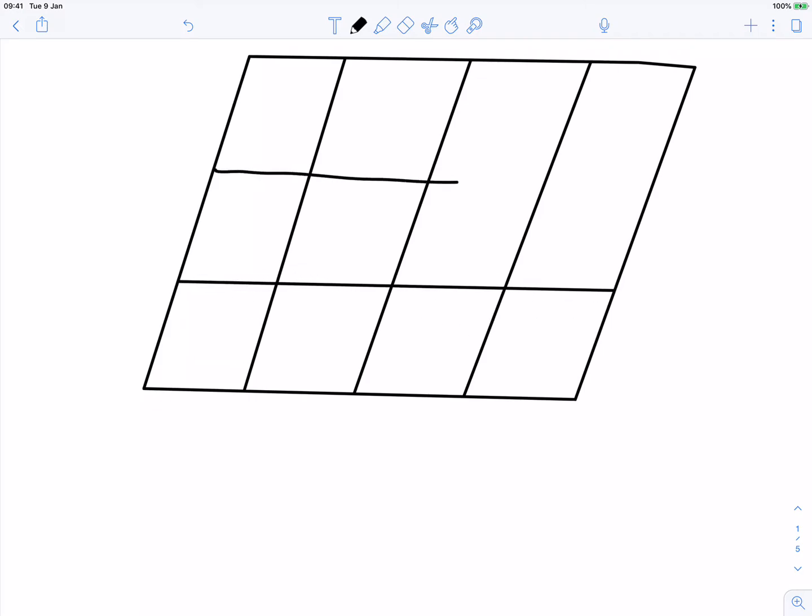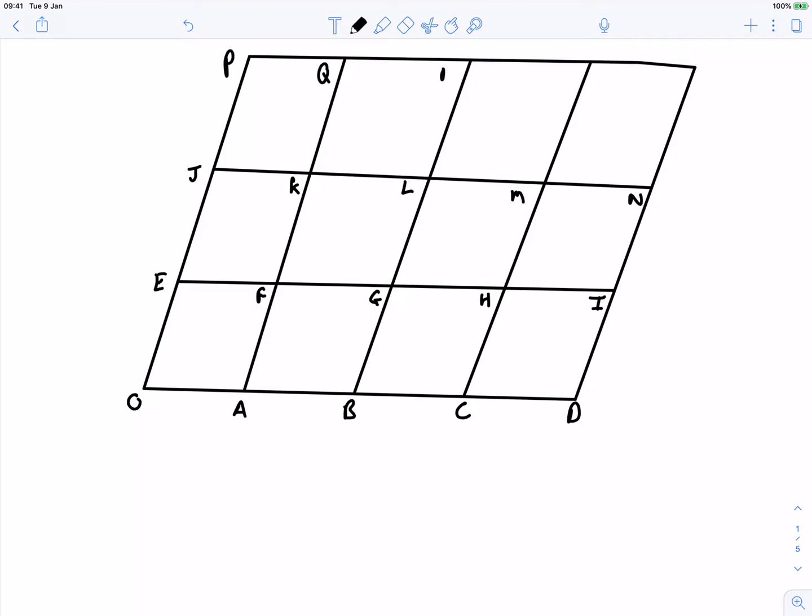And the distances between all of the intersections of the lines are the same. So if this is the origin, O, we'll call this A, B, C, D, point E, F, G, H, I, J, K, M, N, not O, P, Q, R, S, T. Now, there's different ways of defining vectors, as I said before.